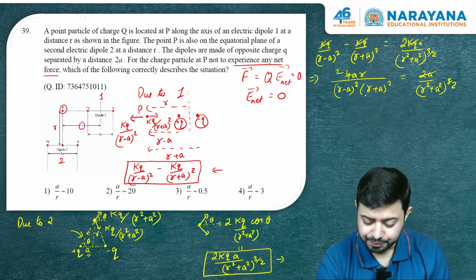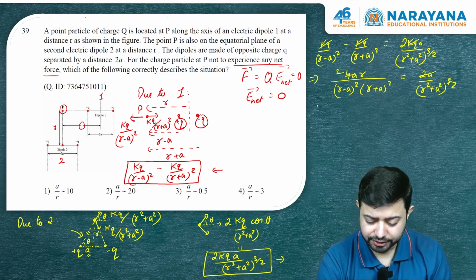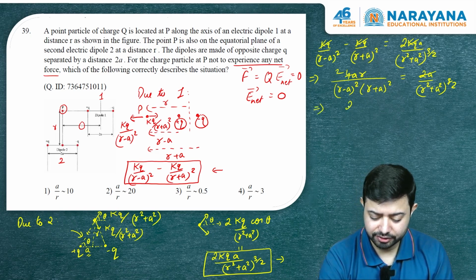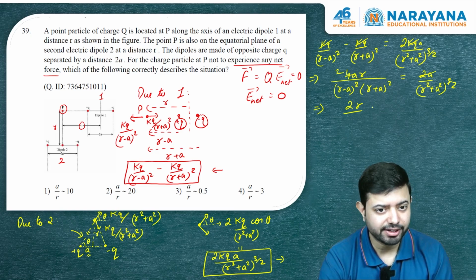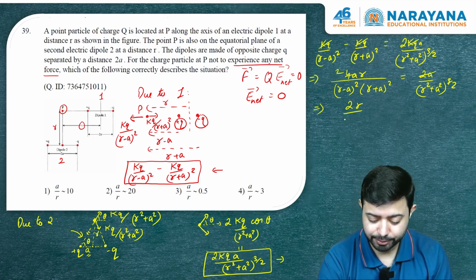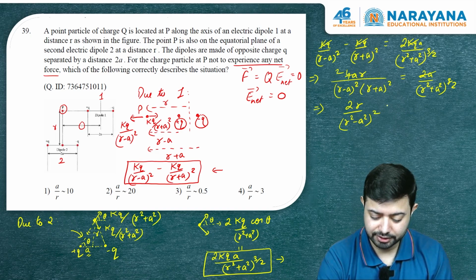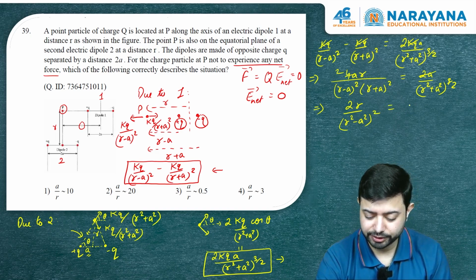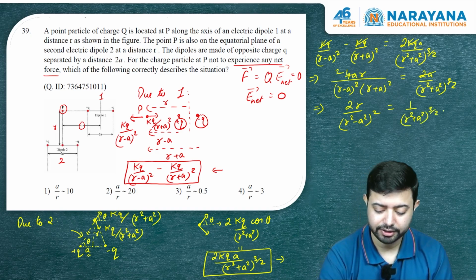Okay. Now, here you can simplify it like this, it is 2r in the numerator, and (r plus a) (r minus a) in the denominator, right, which will become (r square minus a square) raised to the power 2 only, right, and there it is going to be 1 upon r square plus a square raised to the power 3 by 2.